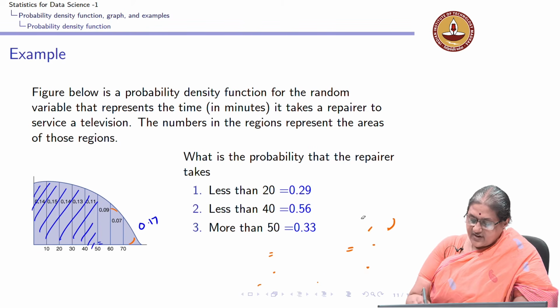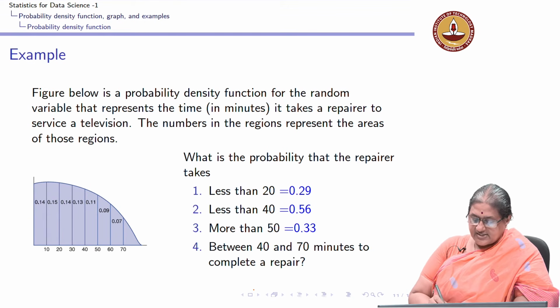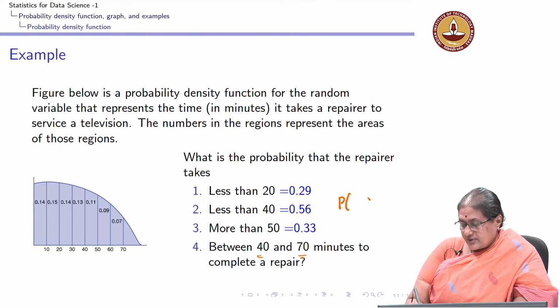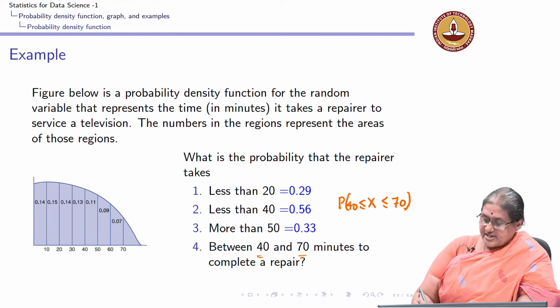The next question we are interested in answering is, what is the chance that the repairer will take between 40 and 70 minutes? I am going to write it as probability 40 is less than or equal to x is less than or equal to 70.